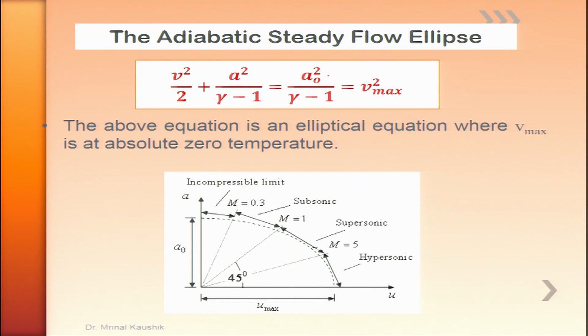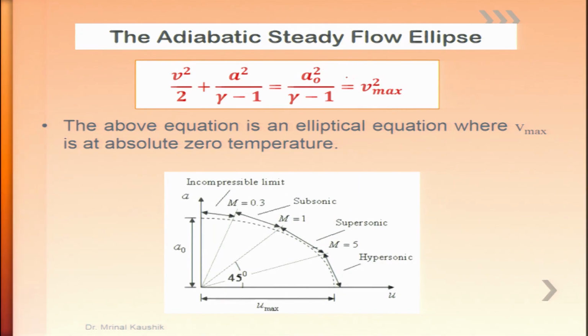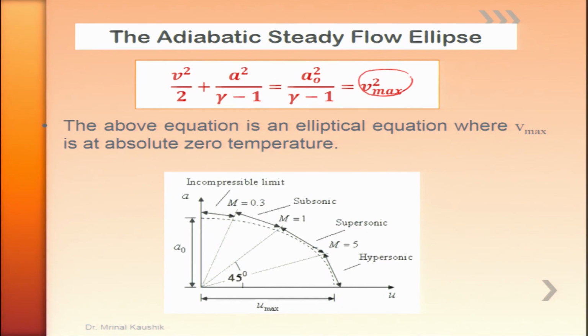This speed, which is a square upon gamma minus 1, is also termed the maximum speed. Please note that this equation is nothing but an elliptical equation.